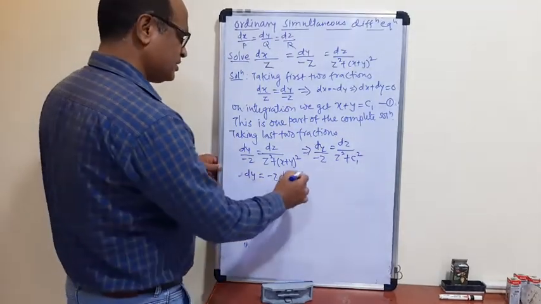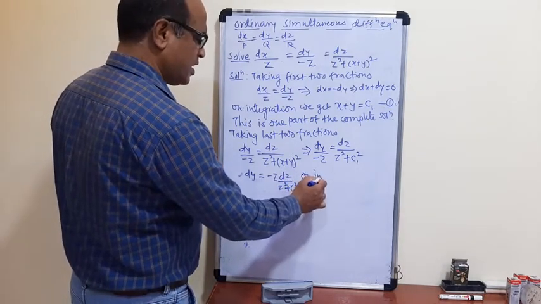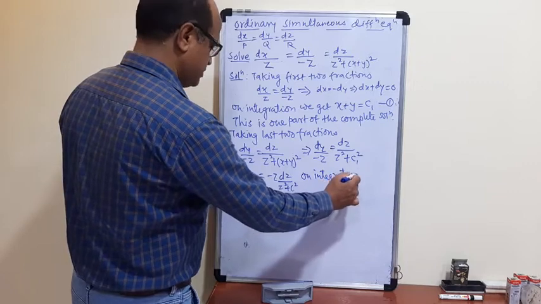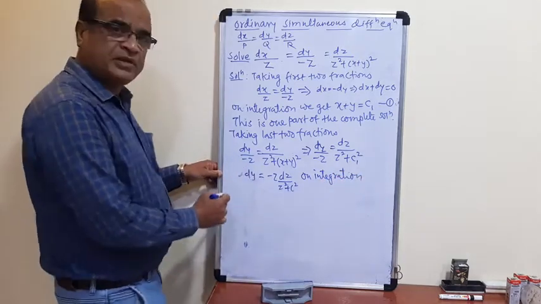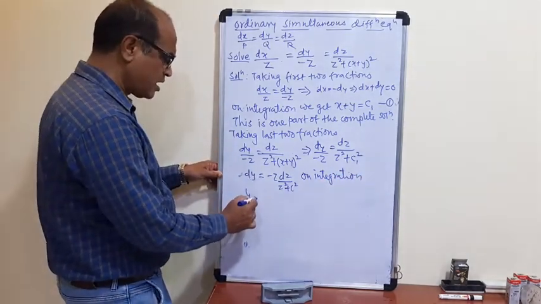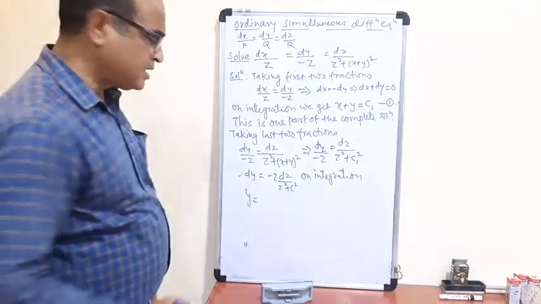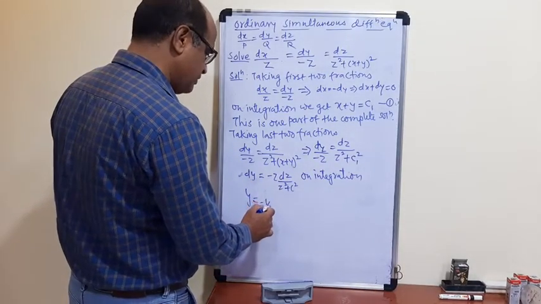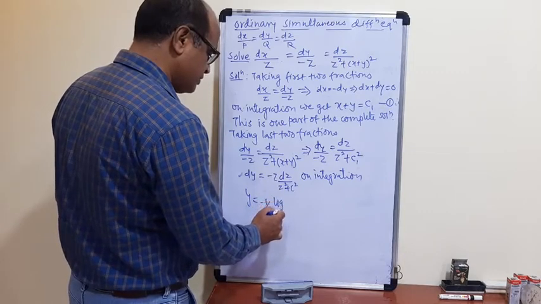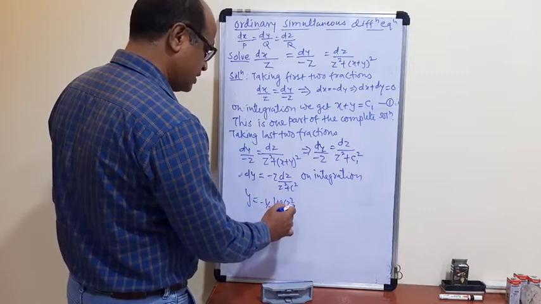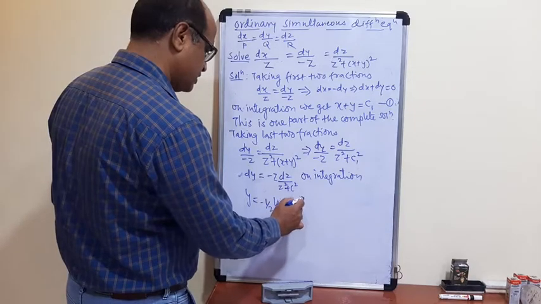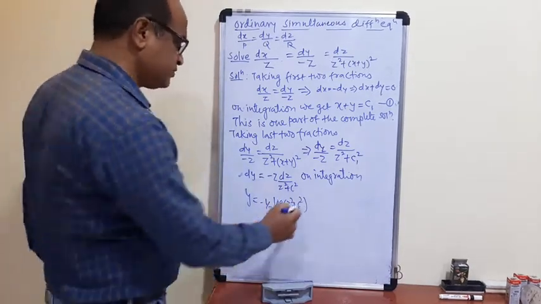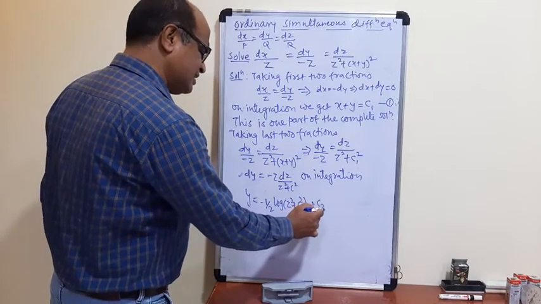So on integration, the integration of dy is y. And the integration of the right side is minus 1 half log of z square plus c1 square plus an integrating constant c2.